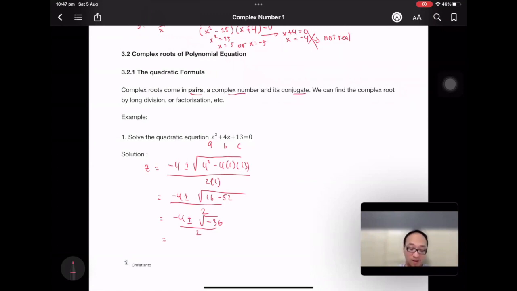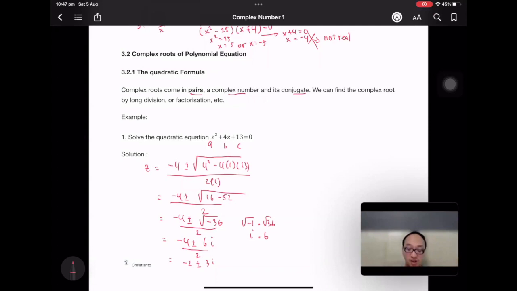So negative 4 plus or minus, the root of 36 is 6, but the root of negative 36 is 6i, because this is the root of negative 1 times the root of 36. So this is i, this is 6, so 6i over 2, giving negative 2 plus or minus 3i.